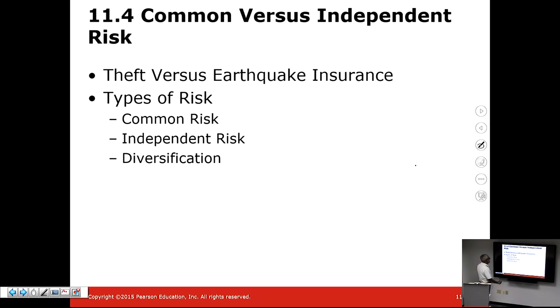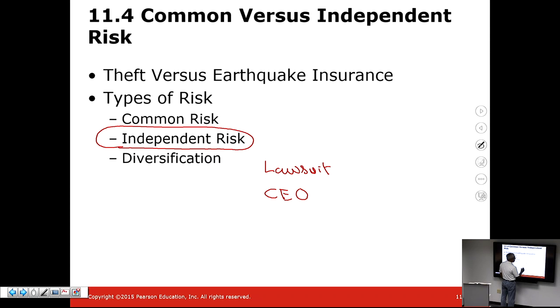They are made up of some things that are independent to the stocks themselves. Independent to the stocks themselves means things that are very specific to that company. For example, a company could be hit with a lawsuit. That's very specific. That's an independent risk. A company may have a change in its CEO.